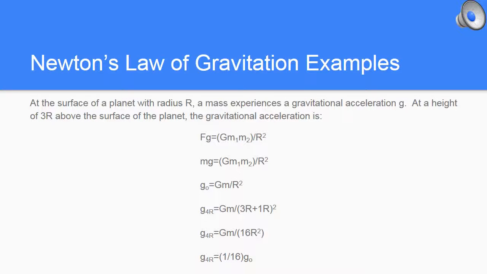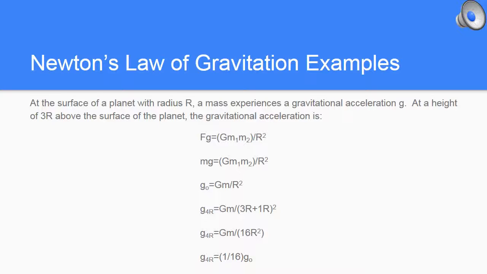So for our Newton's law of gravitation example, we have at the surface of a planet with radius r, a mass experiences a gravitational acceleration g. At a height of 3r above the surface of the planet, the gravitational acceleration is... Okay, so we're going to be solving for the gravitational acceleration.